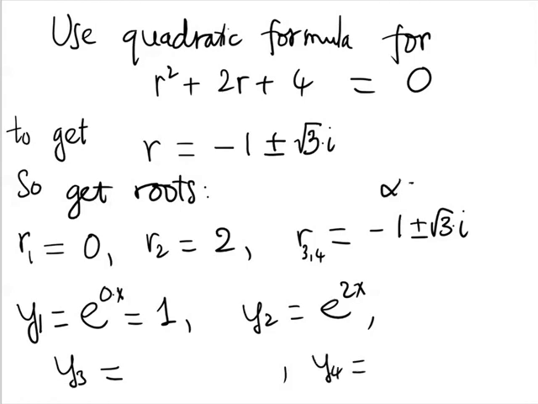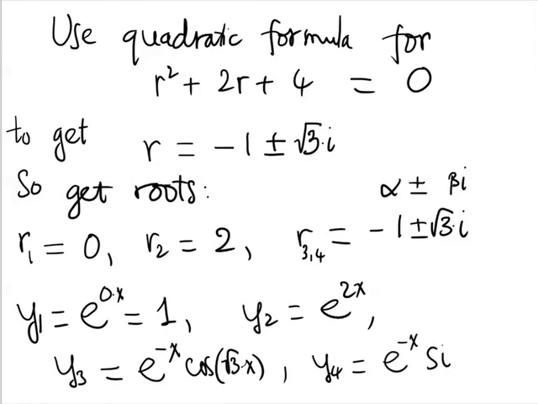And recall, this is alpha plus or minus beta i. Alpha is negative 1. Alpha gives us the exponential e to the minus x. And then beta gives us sine and cosine. y3 is e to the negative x cosine of square root of 3 times x, and then y4 is e to the negative x sine of square root of 3 x.